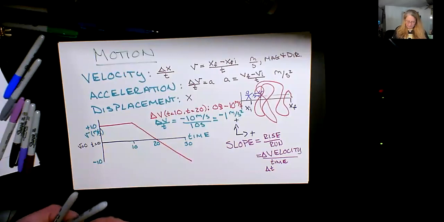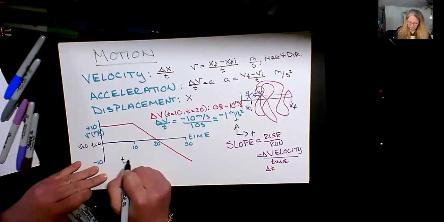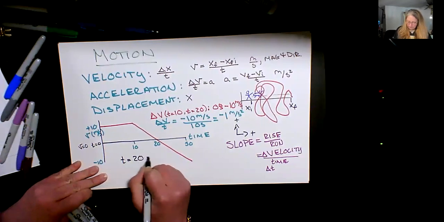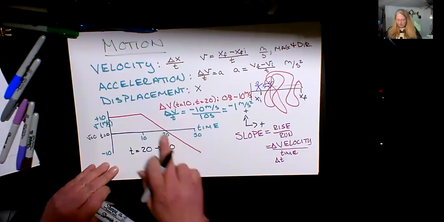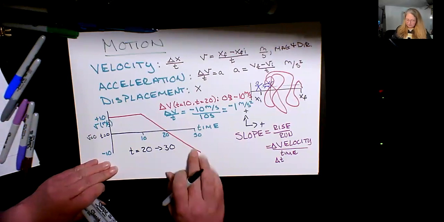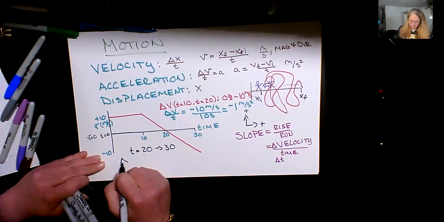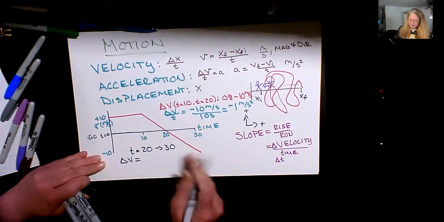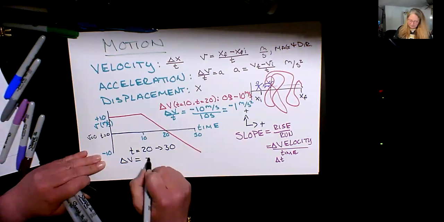Here, from t equals 20 to t equals 30, what's going on there? I have a negative velocity, okay? So at t equals 30, my change in velocity then is, let's see, I end at negative 10 meters per second.